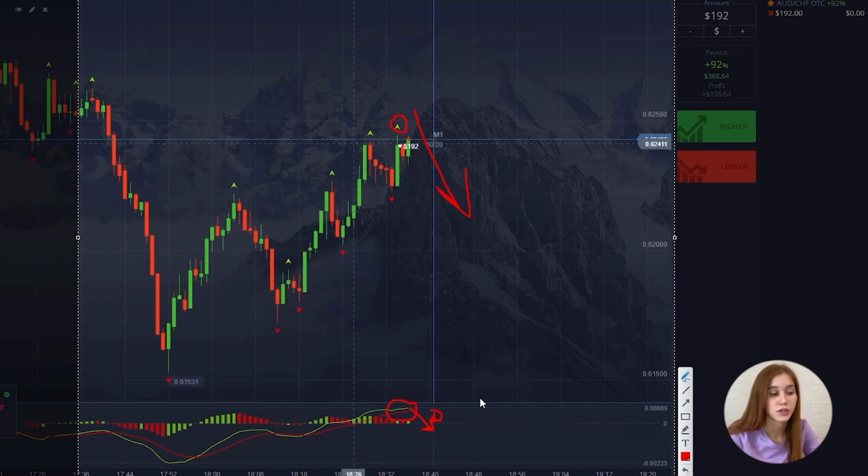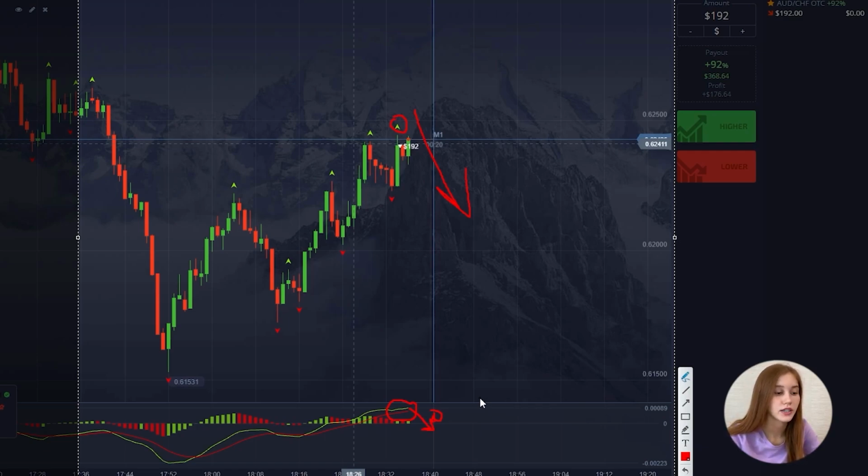And let me tell you more about MACD. The MACD indicator is a trend oscillator combining the properties of both a trend indicator and an oscillator. MACD is calculated on the basis of moving averages. The purpose of the indicator is to simplify the visual perception of signals supplied by moving averages with reduced delay.